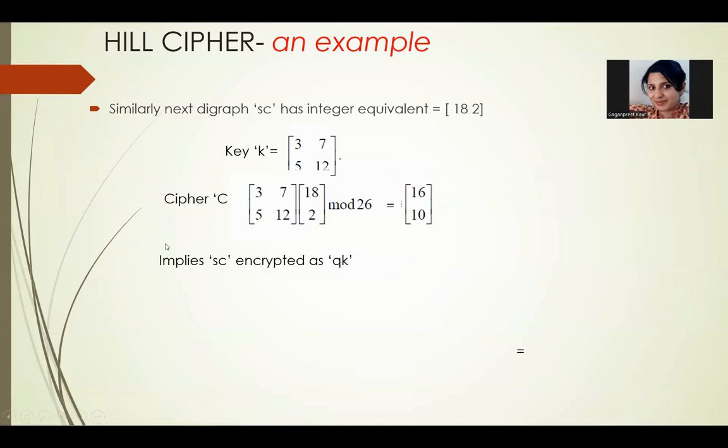Similarly, for the SC, that is the next digraph, I can take the integer equivalent, that is S has the integer equivalent 18 and C as 2.